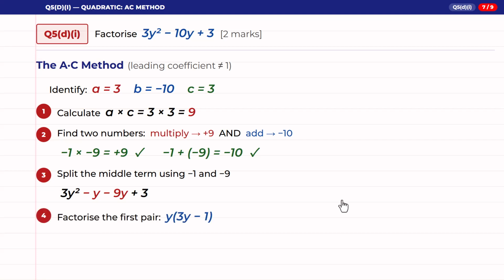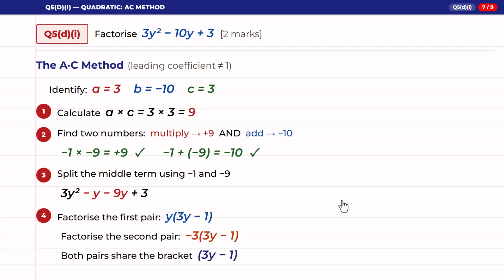Step 4, factorize the first pair of terms. From 3y squared minus y, take out y as the common factor. That leaves y times bracket 3y minus 1. Now factorize the second pair, minus 9y plus 3. Take out negative 3 as the common factor. That gives negative 3 times bracket 3y minus 1.